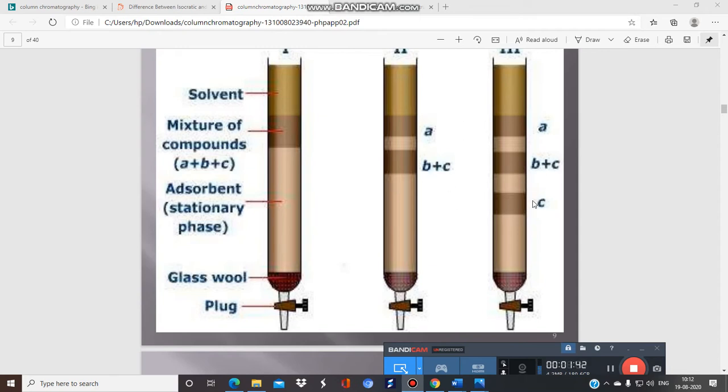It means that compound C elutes faster and moves down the column faster, so this compound has greater affinity towards the mobile phase. And the mobile phase we are using in column chromatography is non-polar, so this compound is somewhat non-polar in comparison to compounds A and B. So the compounds which have greater affinity towards the mobile phase will elute first, come out first in the column, and are slightly non-polar.